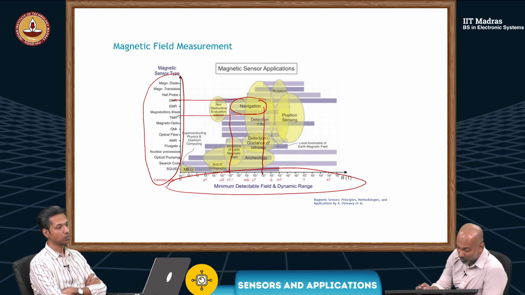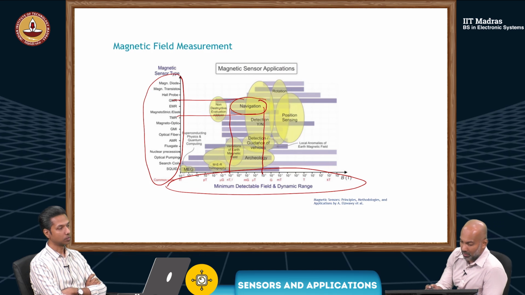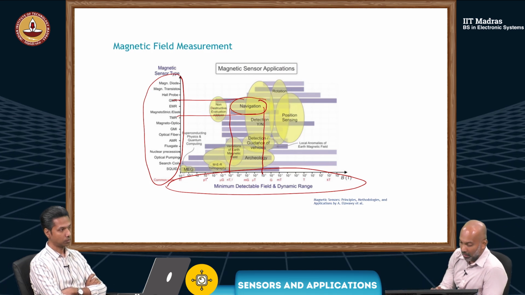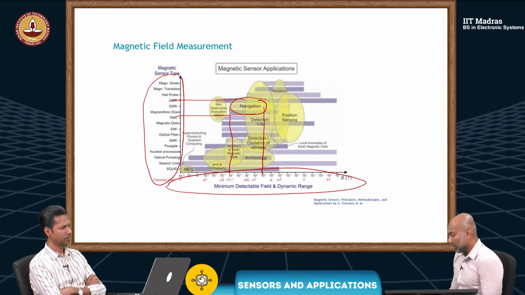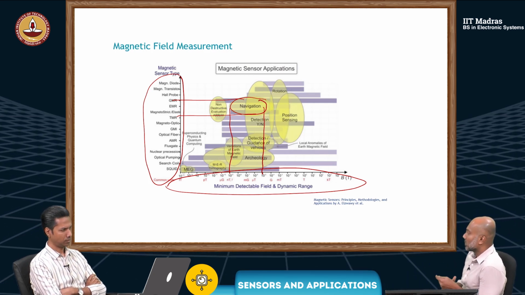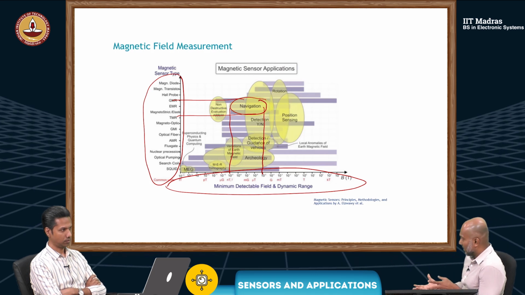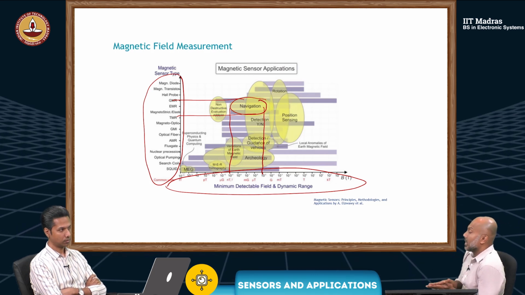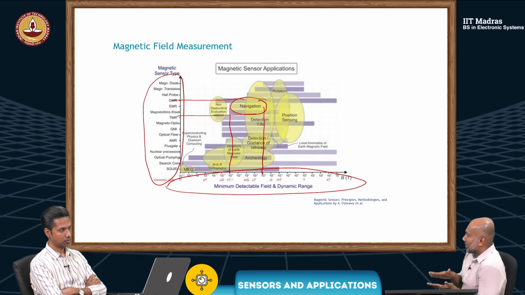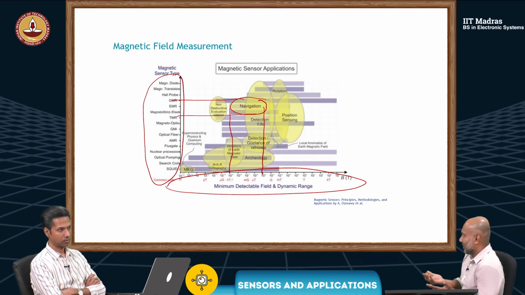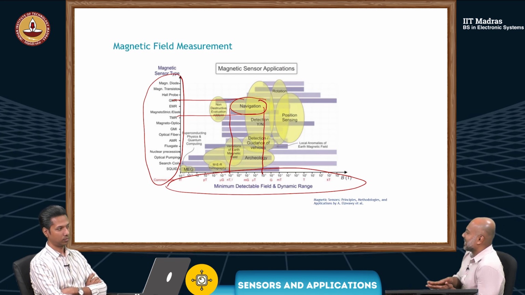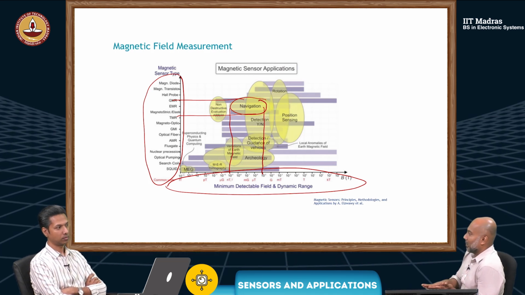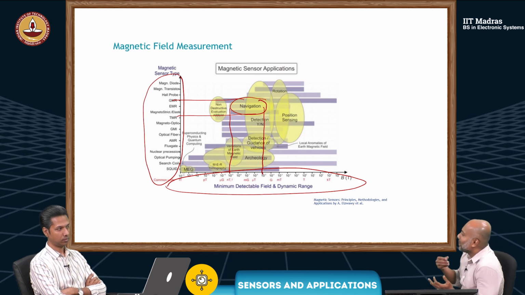But similarly, there are so many different applications like non-destructive testing. What is non-destructive testing? Non-destructive testing is basically where you use electromagnetic methods and you don't really touch the test object. It's non-invasive, or it could be minimally invasive.